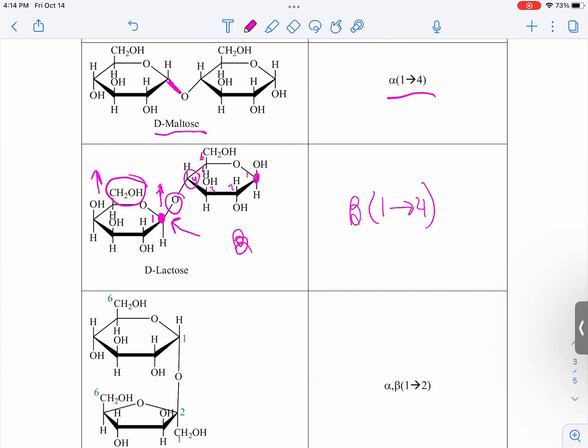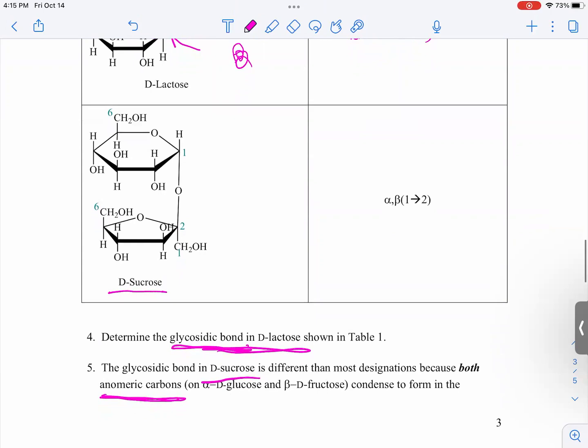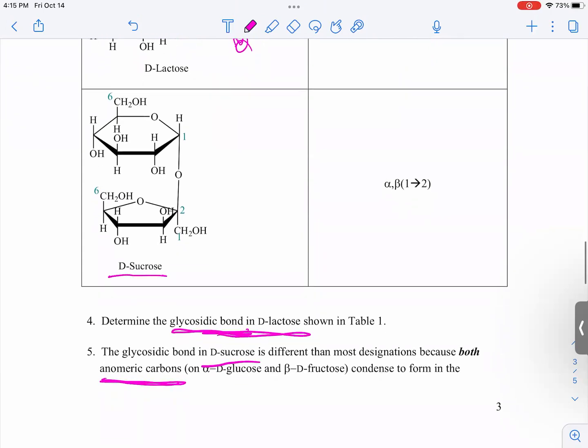All right. Next, we have D-sucrose. The glycosidic bond in D-sucrose is different than most designations because both anomeric carbons condense to form the disaccharide.